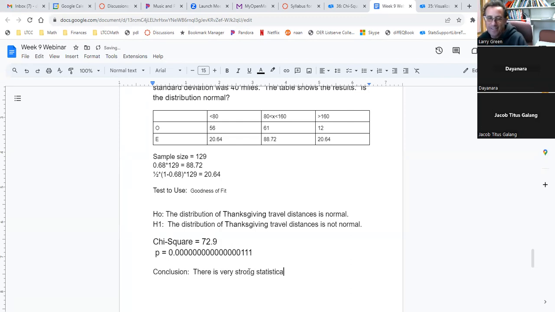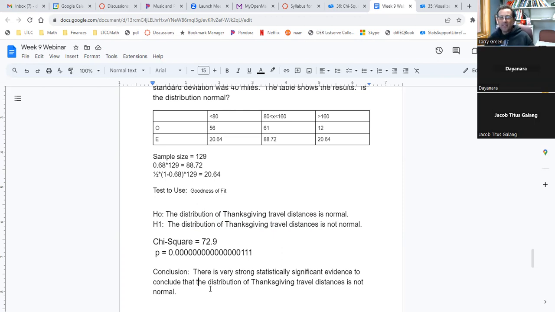Statistically significant evidence to conclude that, and now I copy and paste H1, and make that lowercase, that the distribution of Thanksgiving travel distances is not normal. Any questions? Any questions on this example?